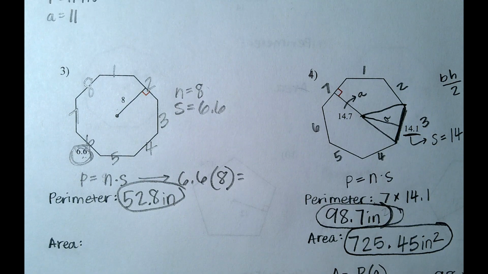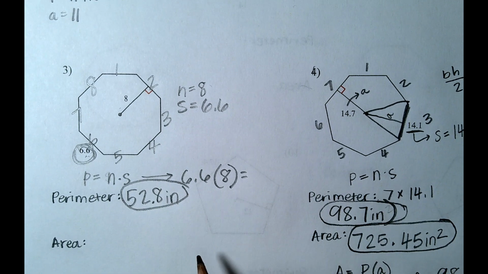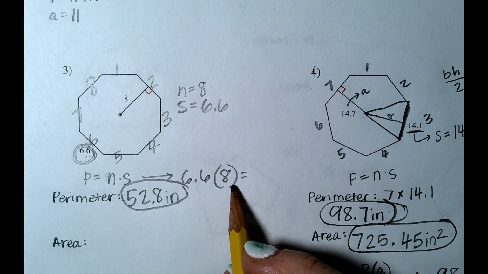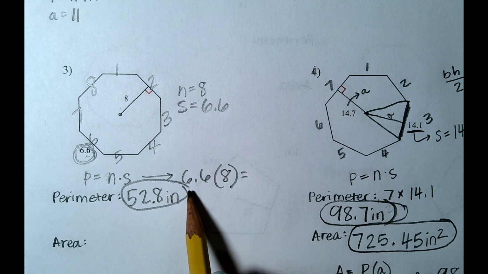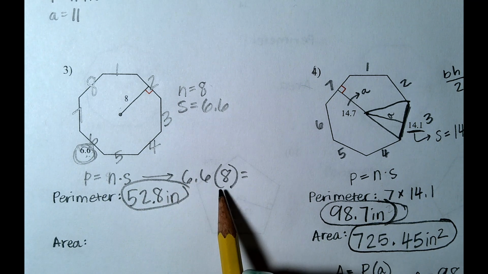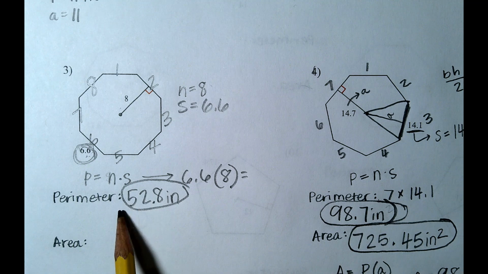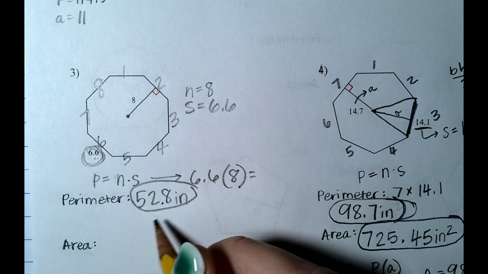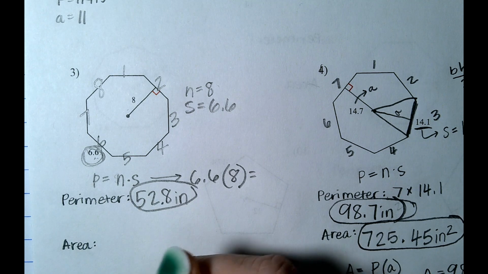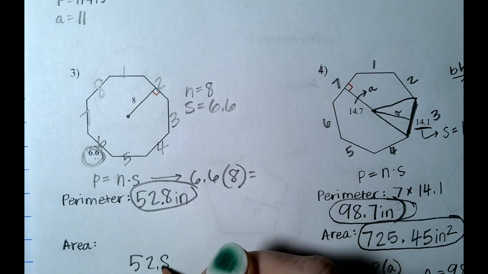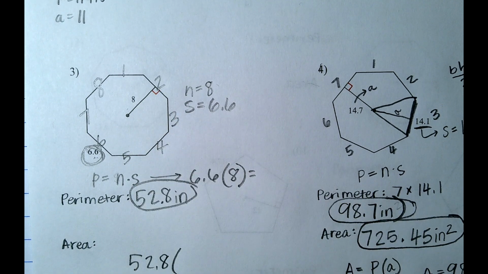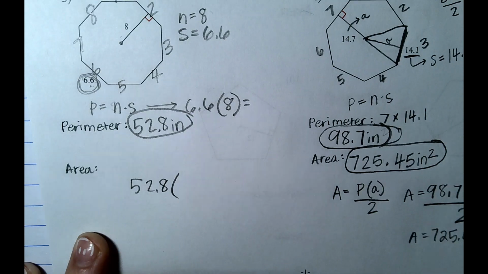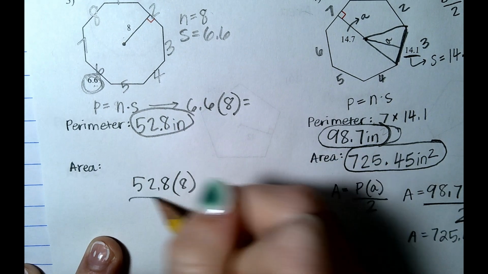And what's the area here? Yes? You'll take 6.6 times 8 divided by 2. Now is it 6.6 times 8? We want to use the 52.8. Ah, yes. So we're using the perimeter. 52.8 times the apothem, which is 8, and divide by 2.